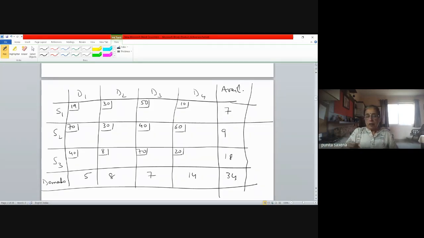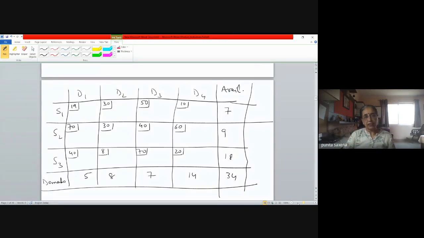Now, the thing is that though northwest corner, as I said, is the easiest and most logical to a certain extent, somebody said that the ultimate objective of the transportation problem is to minimize the cost of transportation, right? And while making allocations using the northwest corner, we did not consider costs at all. We did not bother what the per unit costs of transportation from the ith source to the jth destination were.